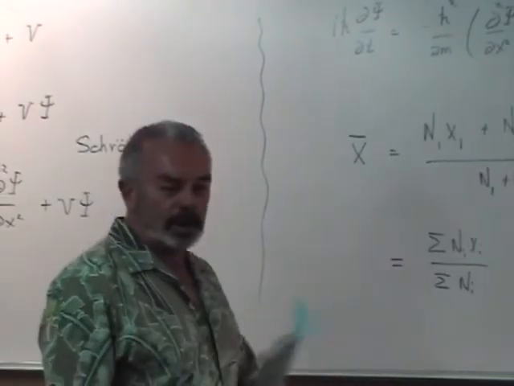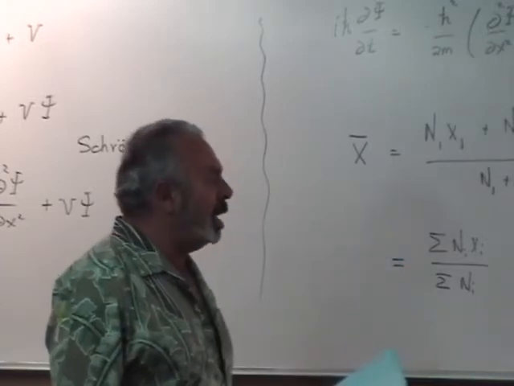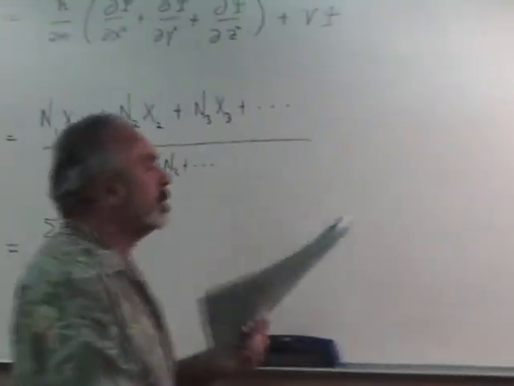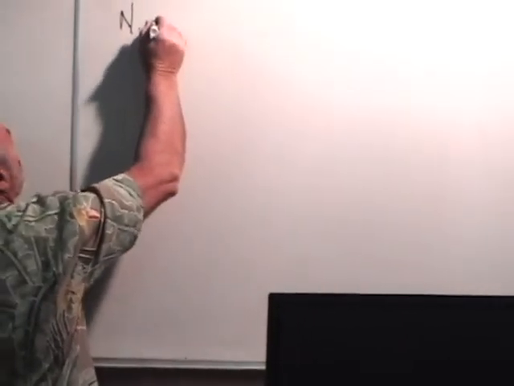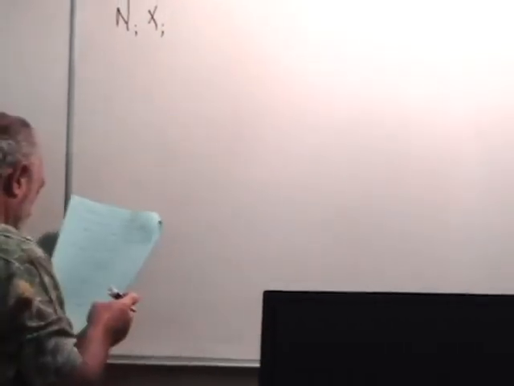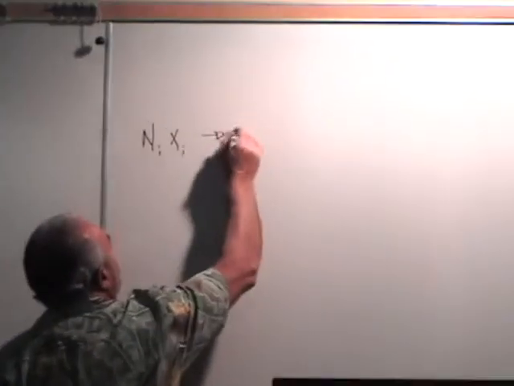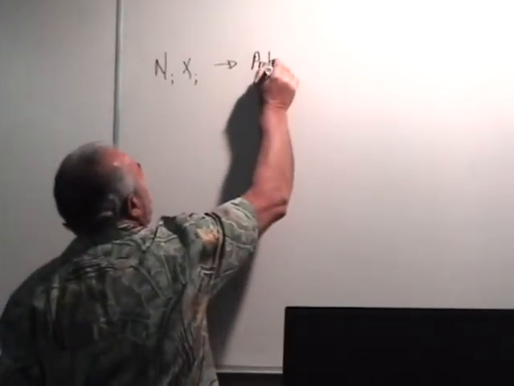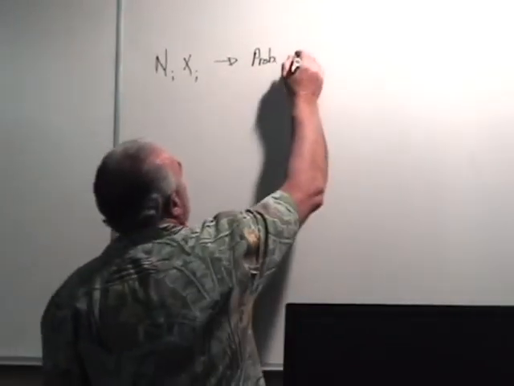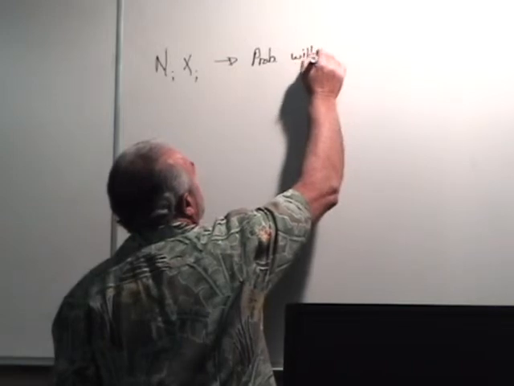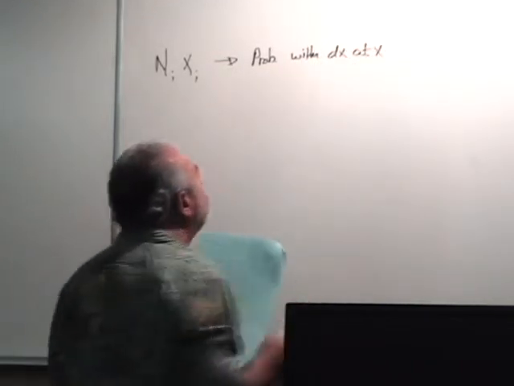For a single particle, and its probability is spread out along the x-axis, instead of talking about the number of pennies Ni at a particular point xi, that gets replaced with the probability, PROB, that you're going to find the penny within dx at x.